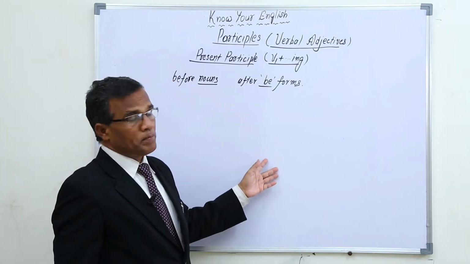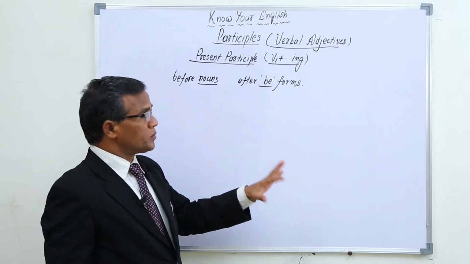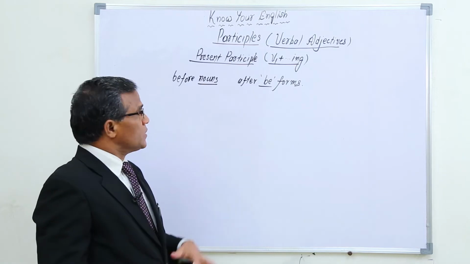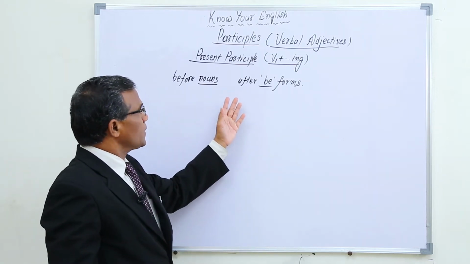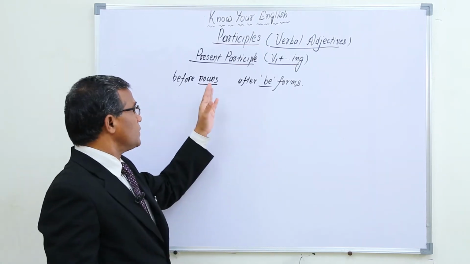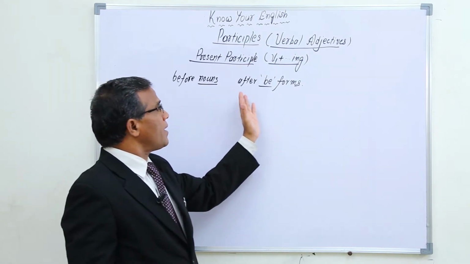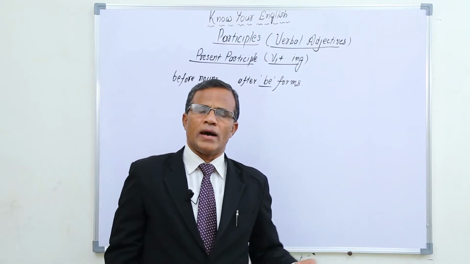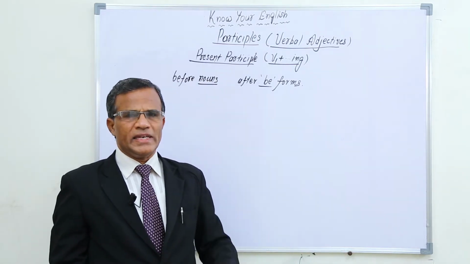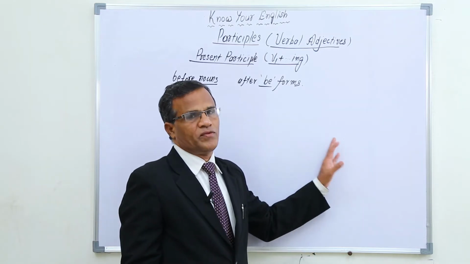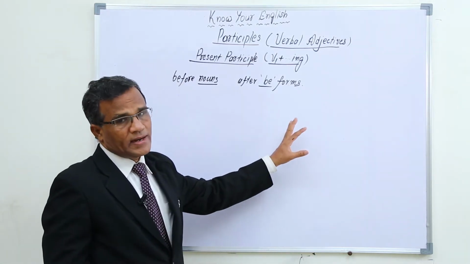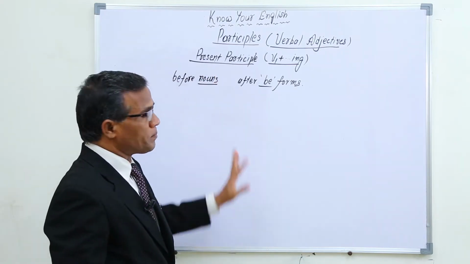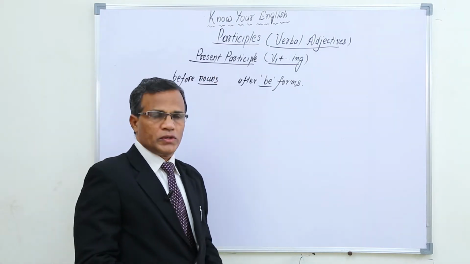And in the same way, participles also, most generally the present participle and past participle, these two types of participles, just as adjectives, are used before nouns and after be forms also. Be forms means, as you know, is, am, are, was, were, been, being, all these are called be forms. So after such be forms we use adjectives. Just like adjectives, the present participle is also used.